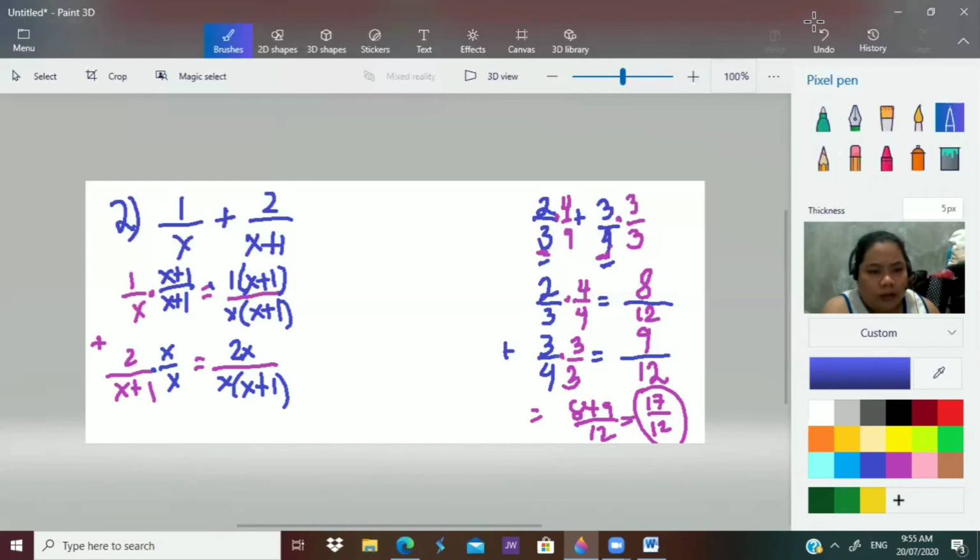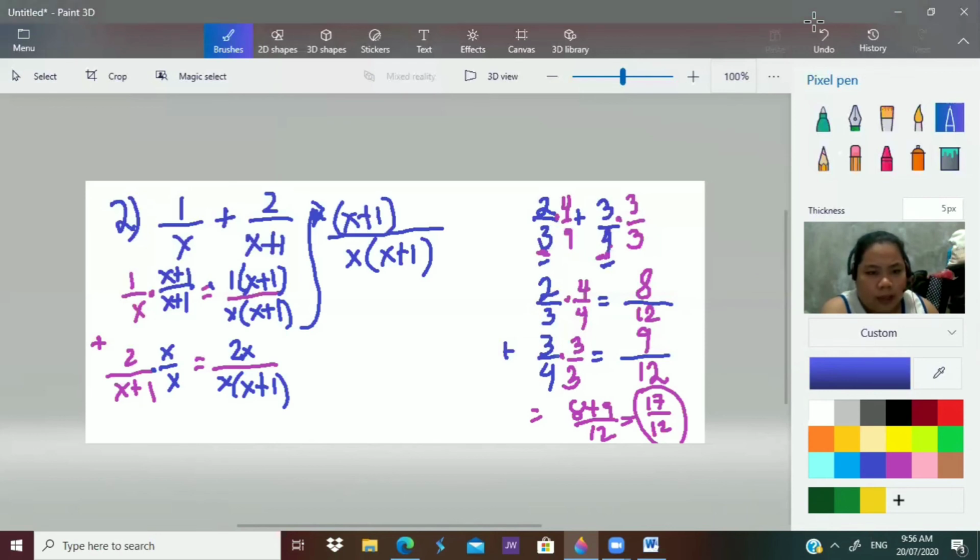Okay. So simplify natin. Ngayon. So meron tayong x times x plus 1. Tapos 1 times x plus 1. So you have x plus 1 plus 2x. Then, add natin, combine similar terms. Wait lang, tanggalin ko lang yung bracket.